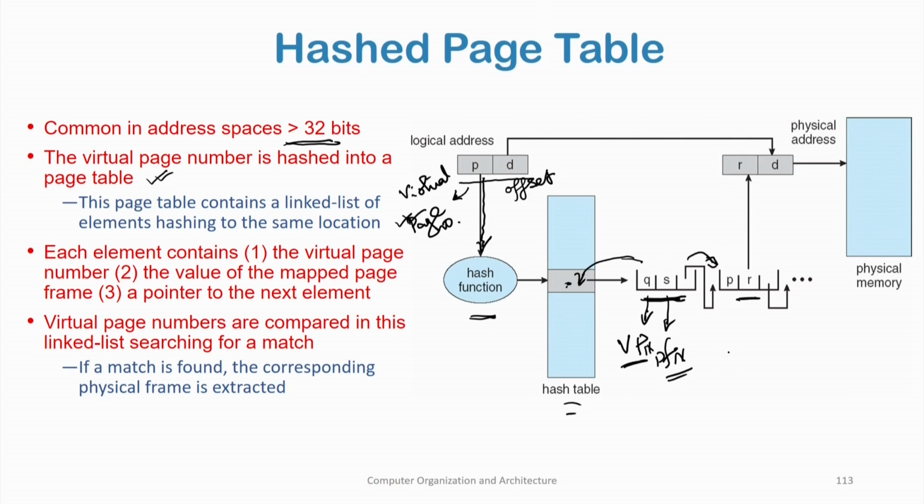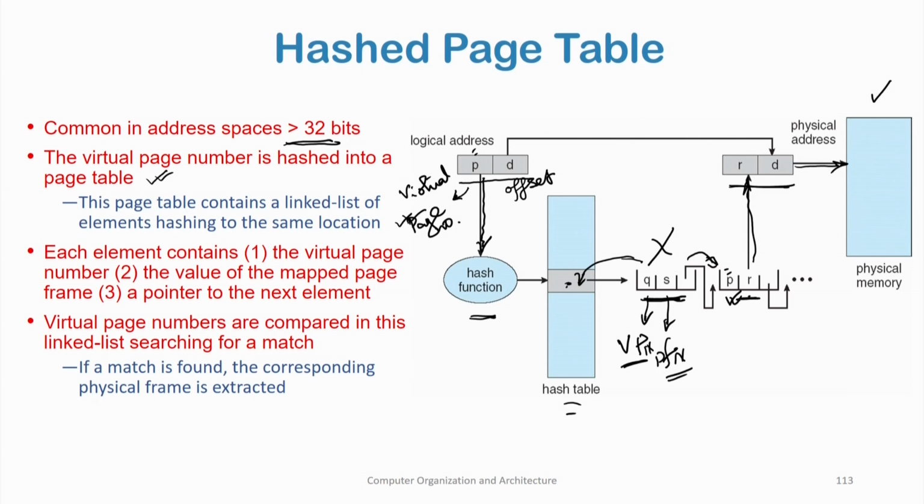For example, in this case, the first element does not match, but the second element matches. This one is also P, this one is also P. Because this has matched, I take this frame number, which is R, and I add it to the offset part, which is D here. So, this R plus D gives me the physical address, and using the physical address I access the physical memory.